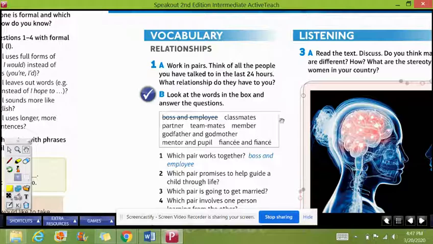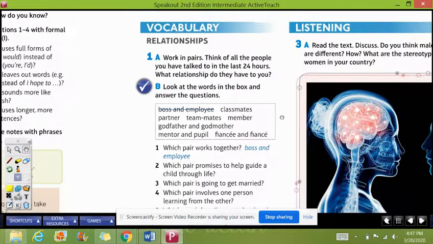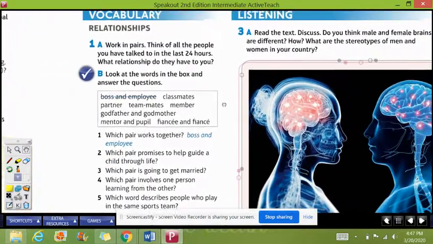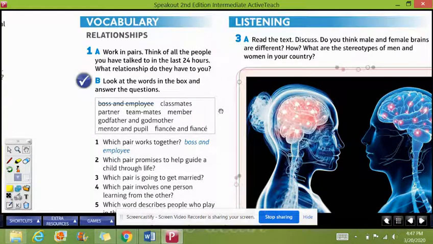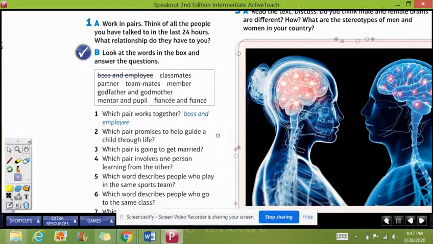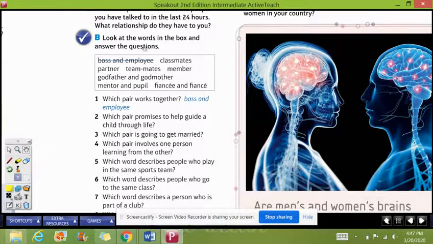Okay? Now, once you have done that, take a look at letter B. Letter B says, look at the questions, look at the words in the box and answer the questions. So, first of all, this is our box. The first one is already done for us. Which pair works together? Boss and employee.